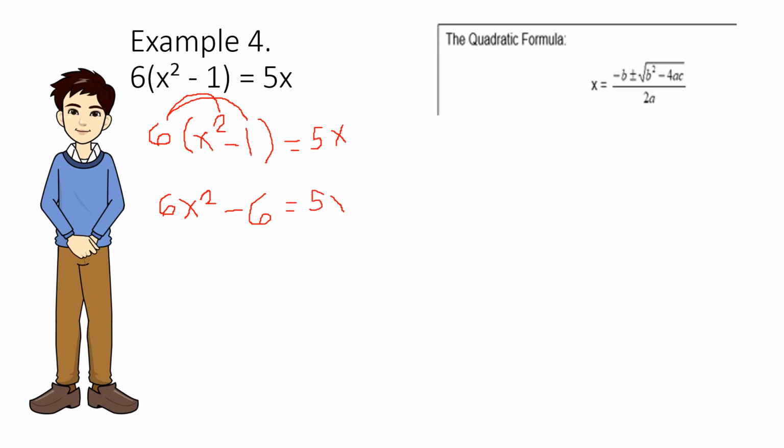Then, yung 5x na to, kailangan mapunta siya sa ating left side, sa kabilang side ng equal sign. So, this is positive 5x. So, maglagay tayo ng negative 5x para maging 0 itong right side at mapunta siya sa ating left side. So, negative 5x, both sides of the equation, lagyan natin.